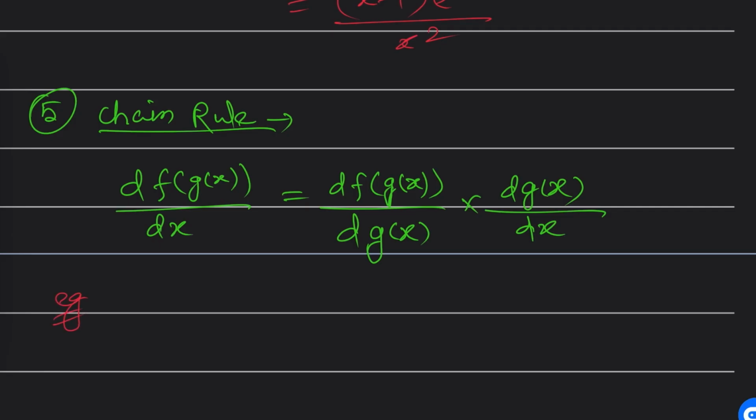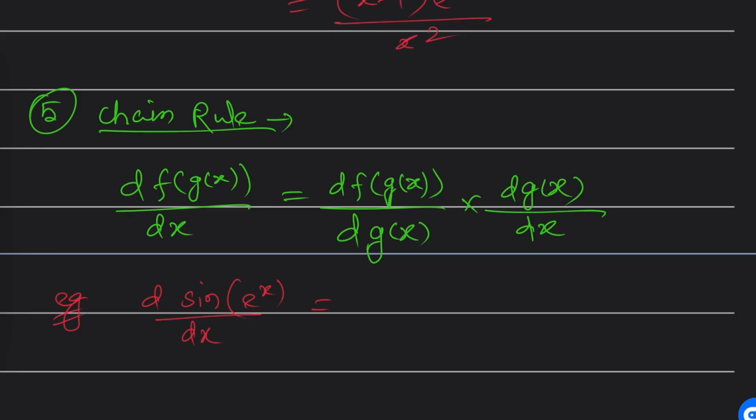Sir, example is I want to differentiate, let's say, sine e to the power x with respect to x. How to do this? Isn't it a function of function? Yes. Sine is a function and inside, e to the power x is itself a function.